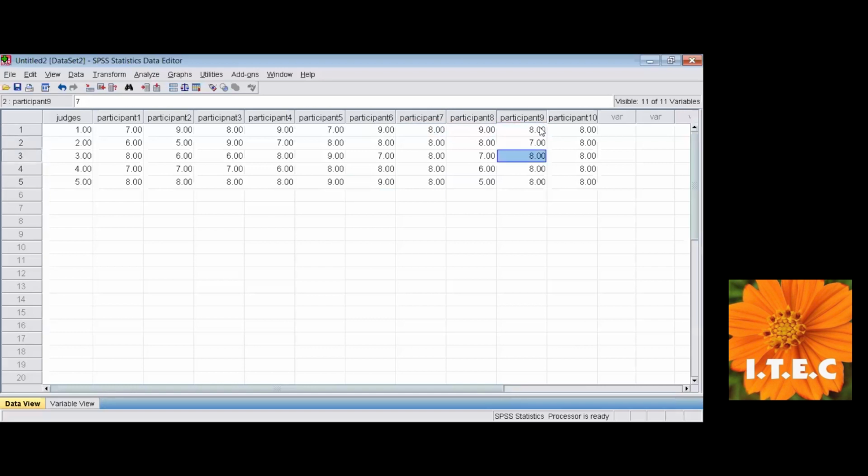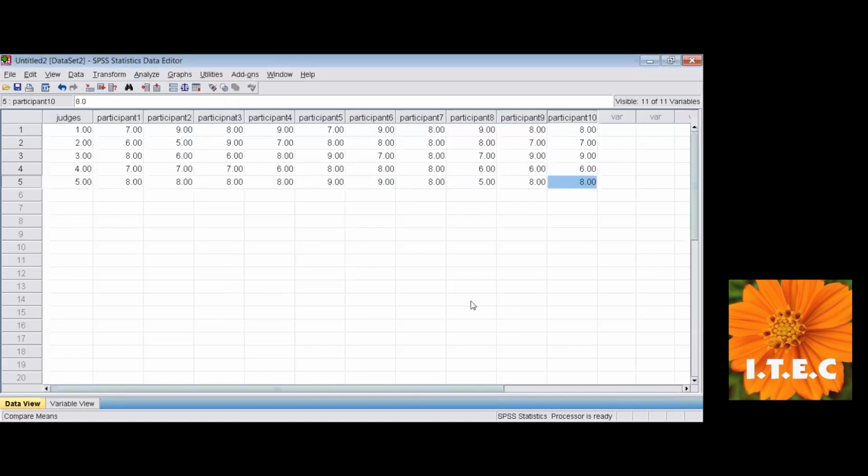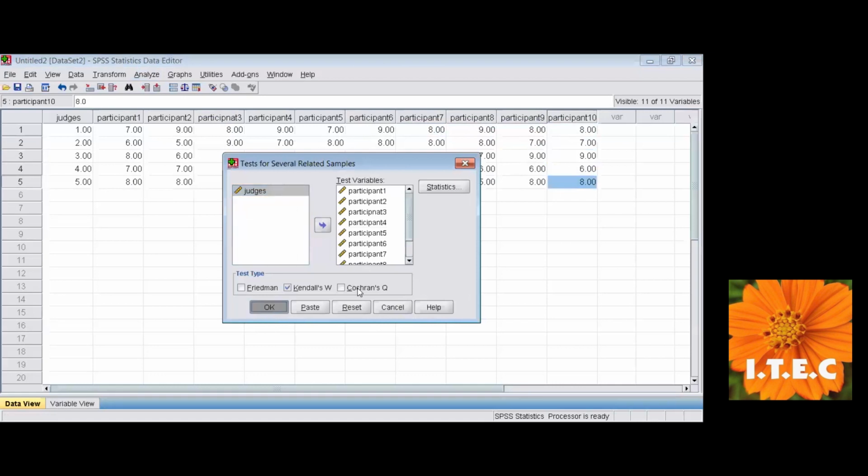It is 8, 7, 5, 9, 6. It is 8, 7, 9, 5, 6. All right. Let us now say it is this and it is K related and it is this.